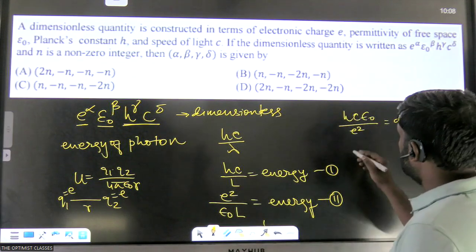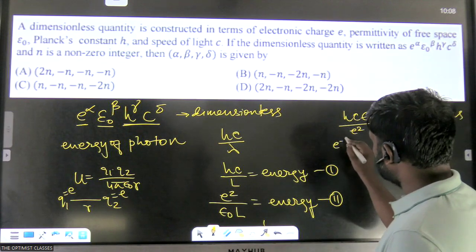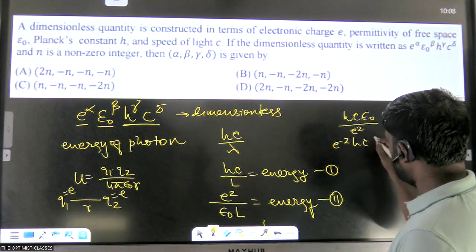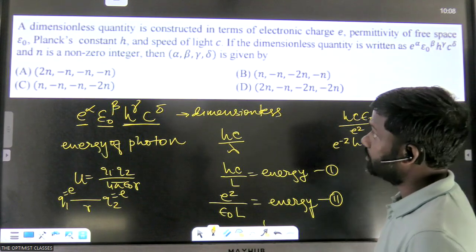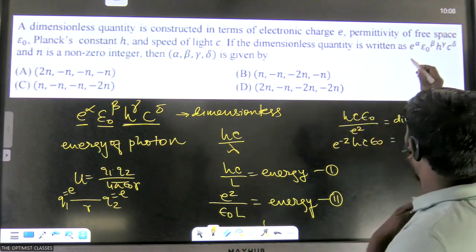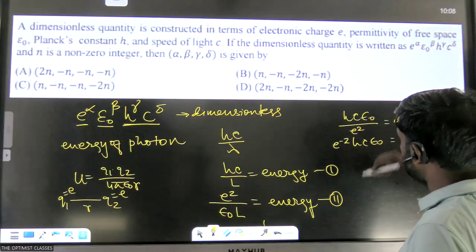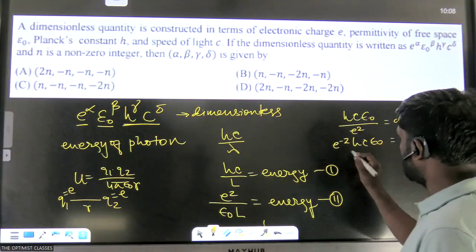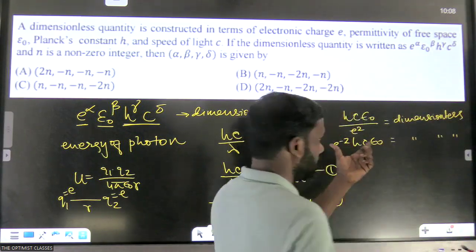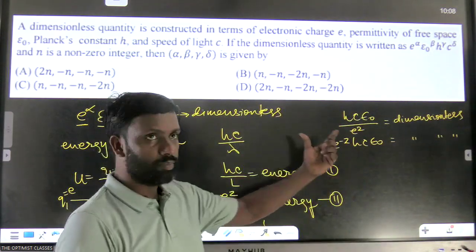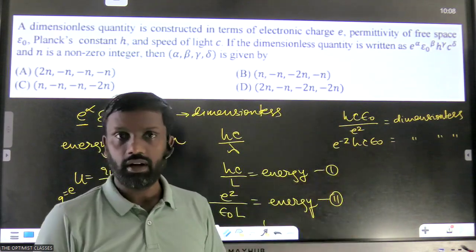Now we can write it as e to the power minus 2, hc, epsilon naught. This quantity is dimensionless. So you take any power of this, and that quantity will also be dimensionless.